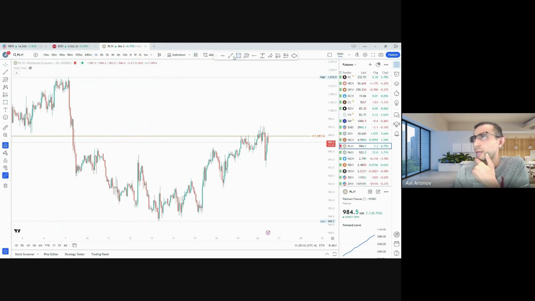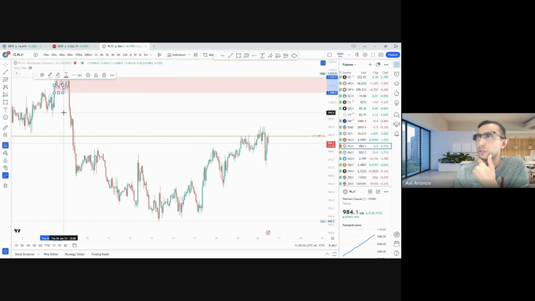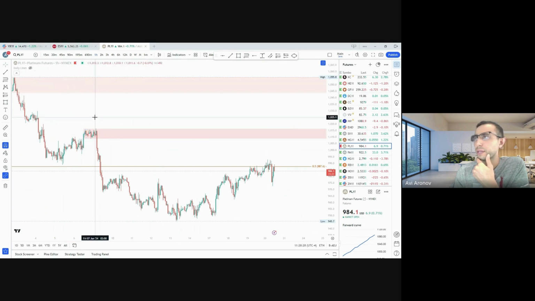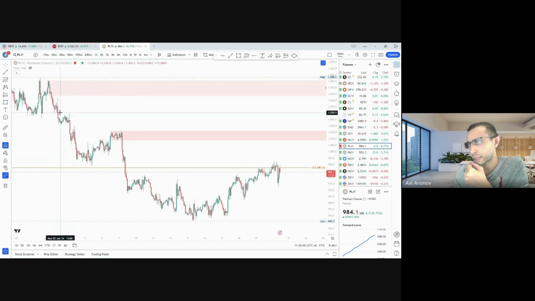You can see how it went from a balanced market to imbalance. That's a very, very important thing to mention, because many times people are not very familiar with that, and then they end up not doing very well in certain markets.